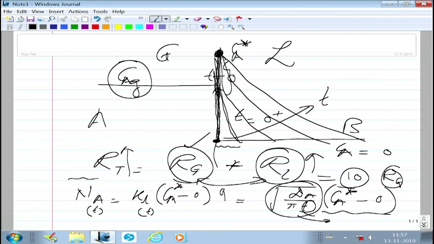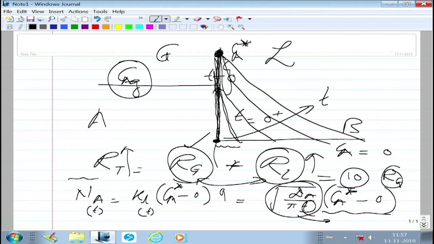And I use this driving force in that additional liquid film, which gives me the same resistance in the gas phase. And then the resistance, which will not be this root dAB by pi t, but whatever I am trying to evaluate, Rg in terms of L, that I can get by dividing this by that. So we cannot apply penetration theory to the gas phase. We can apply it only for the liquid phase.